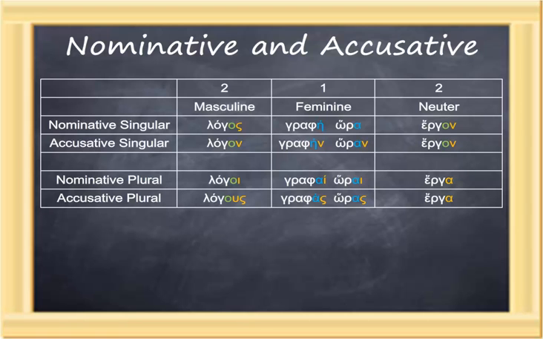Ergon is work. So ergon and ergon could either be the work was completed or he did the work, direct object. Erga, likewise, could be subject or accusative. The context would help one determine that. It is plural in form.